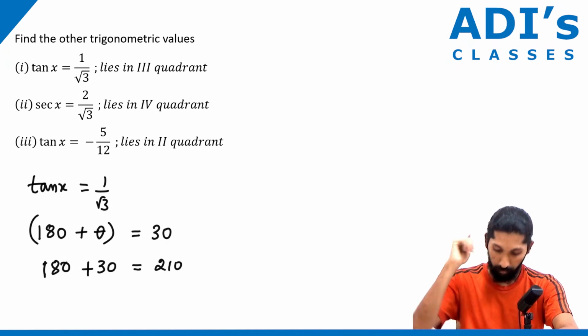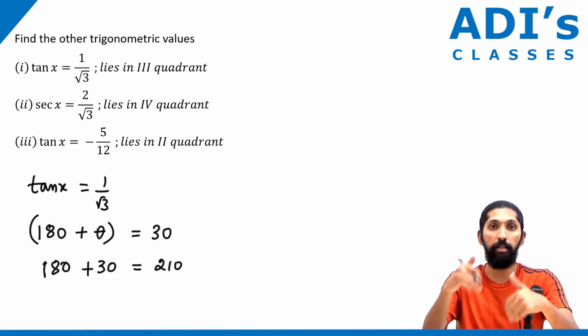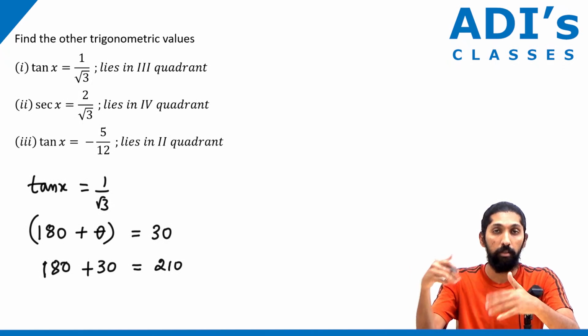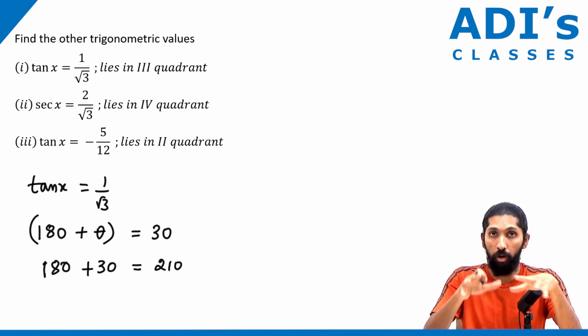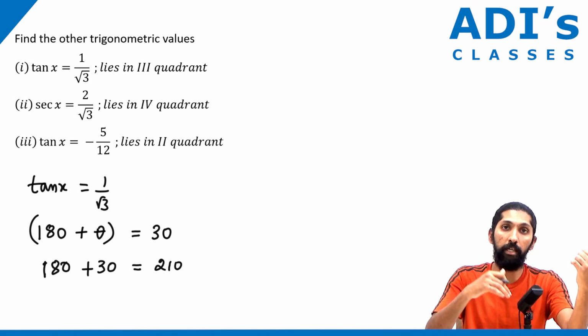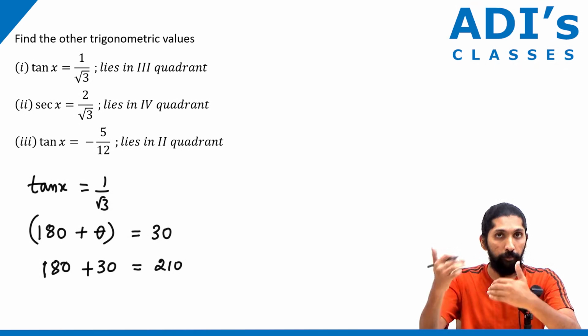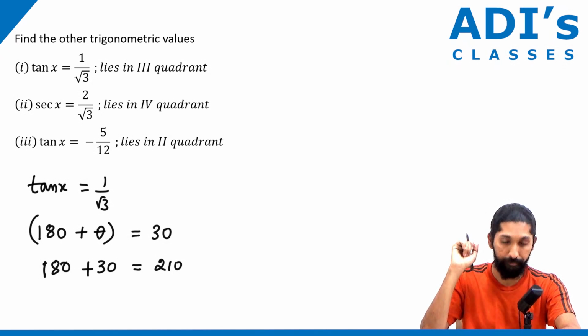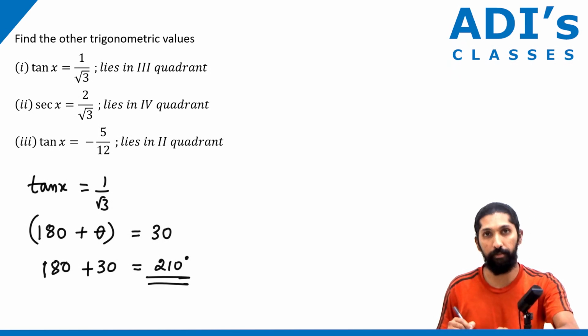So one way of getting is 180 plus theta is equal to 30, and that way you will get theta as minus 150, or you can also take 180 plus 30, which is 210. So both of them will give you the same answer. Clear? Anyway, now we have 210 degree. So we'll use the positive value, much easier.